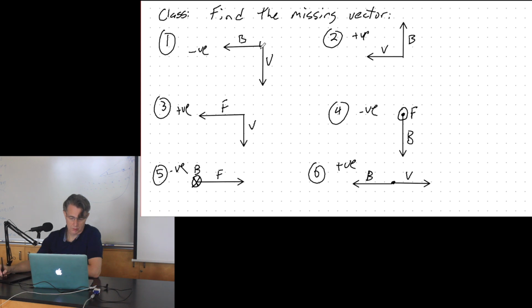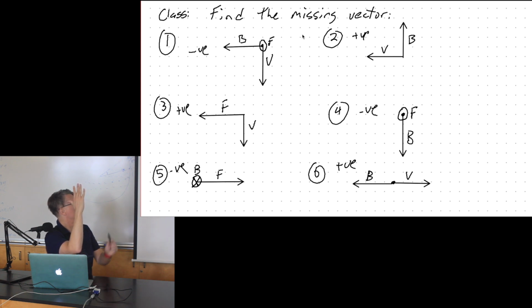So circle, out of the page, force. The next one would be fingers up, thumb to your left, and then positive charge. So it's, of course, into the page, right? Yeah. Okay. So the force is into the page.